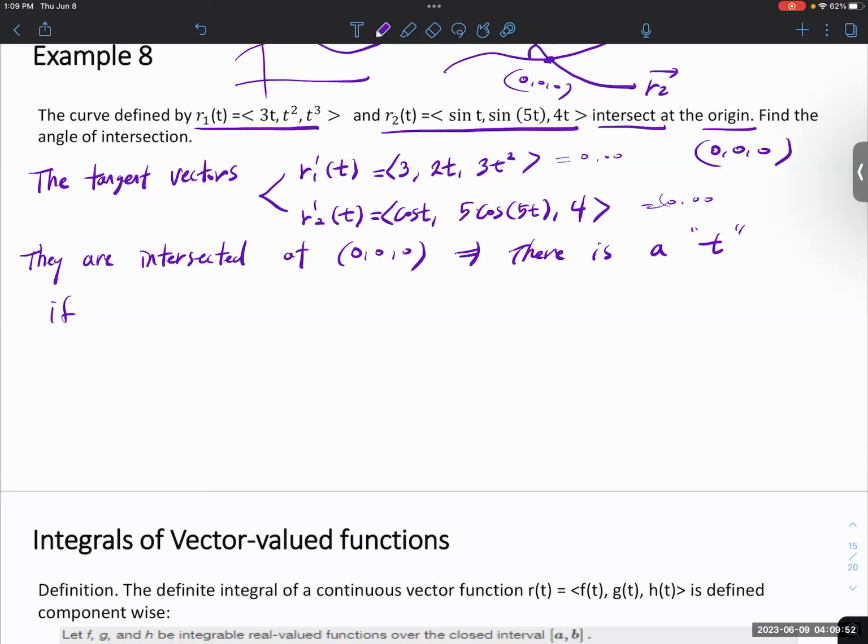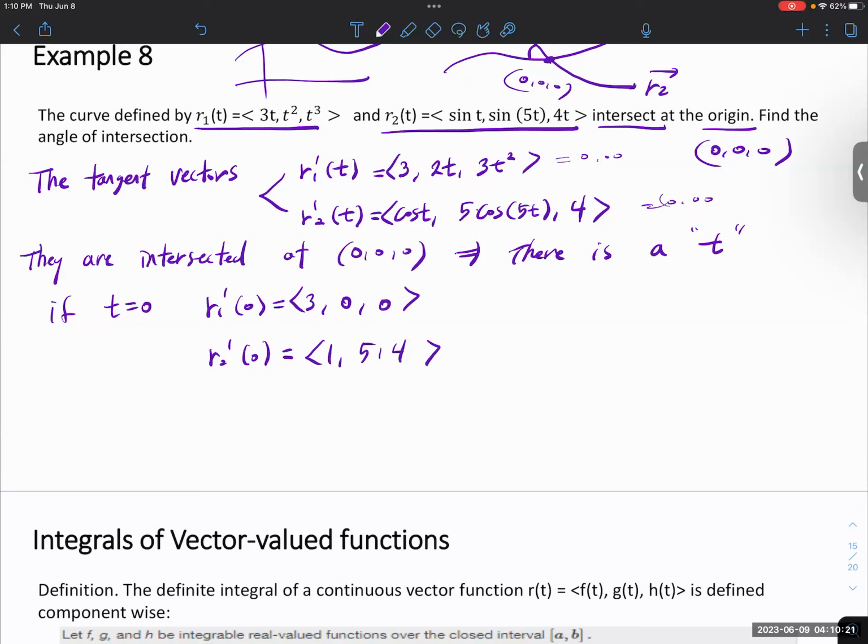If I choose a number, let's say t equal to 0, r1 prime of 0 is 3, 2 times 0, 0, so 3, 0, 0. And then r2 prime of 0 is going to be cosine 0, which is 1, and then 5 times cosine 0 is 5, and 4.